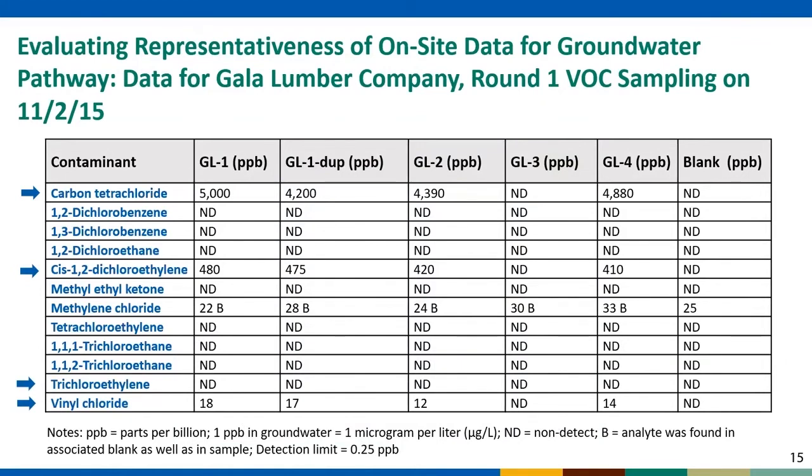There were also blank samples collected. Please note that the sampling data for the on-site groundwater are similar in both rounds 1 and 2, so I'm only presenting round 1. These data are in parts per billion.